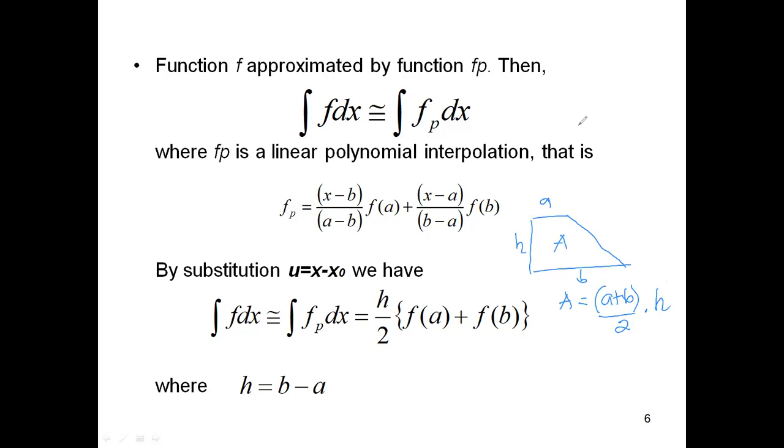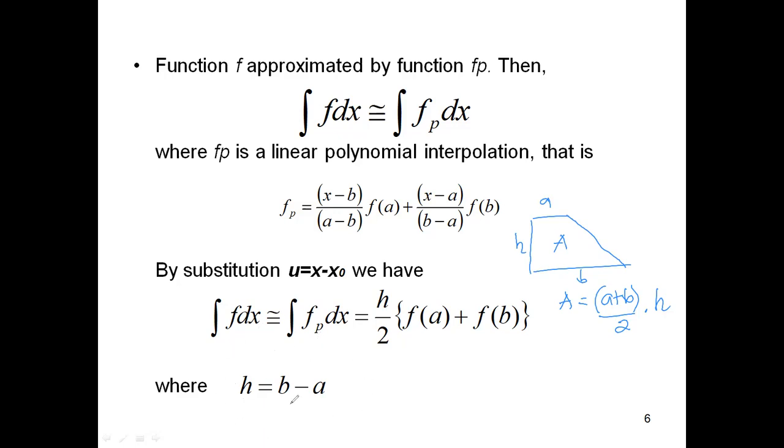So in that sense, we apply this formula of the area of the trapezoid to the function of P, which is also the trapezoid that approximates the value of the area under the curve. So you can see you have H over 2 times the sum of f of A plus f of B, where H is just the difference between B and A. Like, take note of this. So if you have a piece of paper there, you write it down.